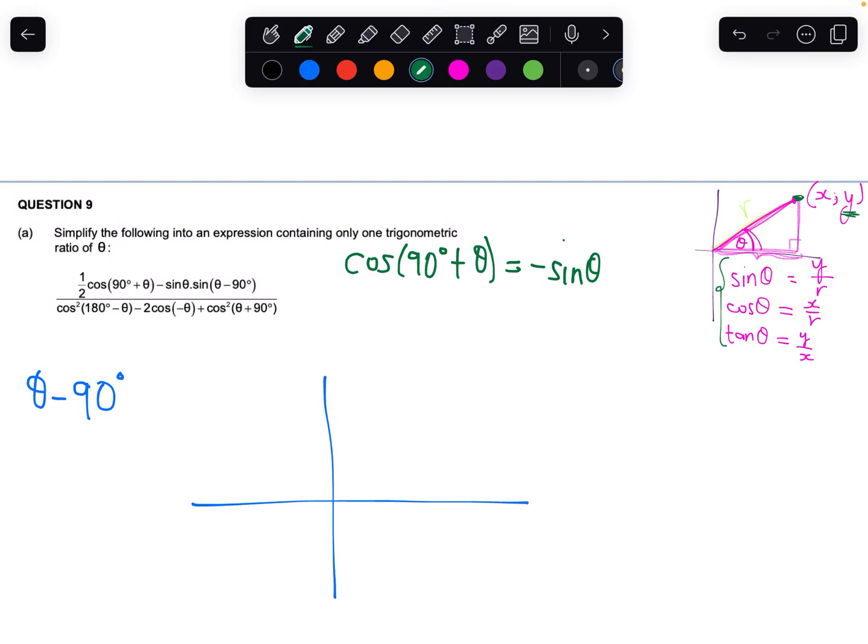Okay, so we said that this is the 90, the minus 90 more specifically. And then if we add a theta, we're going to go back in the positive direction, which is anti-clockwise, right? So to the minus 90, go back a theta, if that makes sense. I hope that makes sense. So that will be somewhere like this. So this angle here is theta.